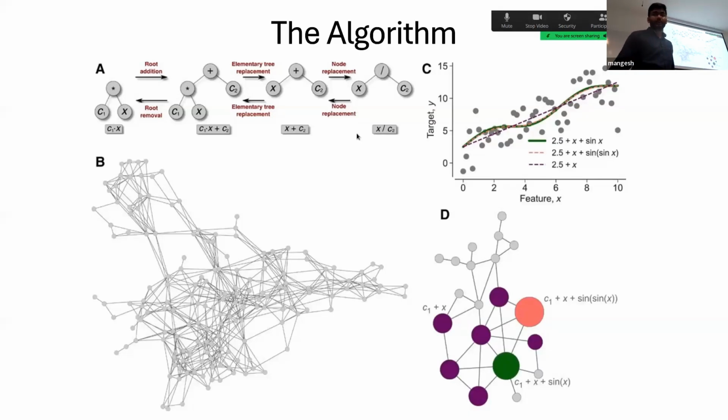But in this approach, what they have done differently is that instead of using a genetic algorithm, they have used MCMC, the Markov chain Monte Carlo method. What it does is it checks the prior probability, prior information, and it decides whether to go to the next step or stay there or explore something else. With the prior, multiplication will be favored or simple terms will be favored, and the complex functions will be less favored.